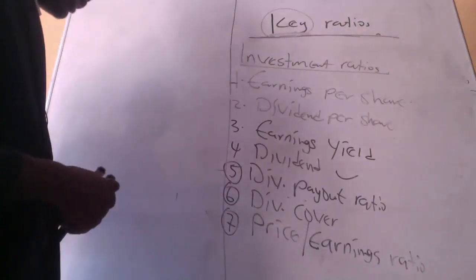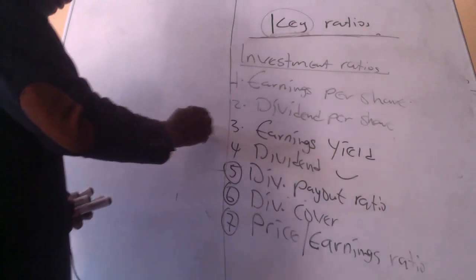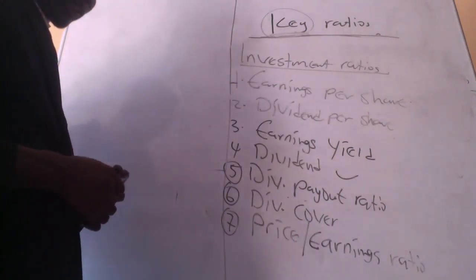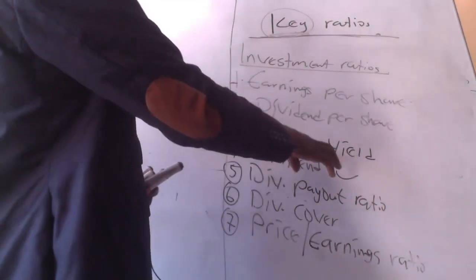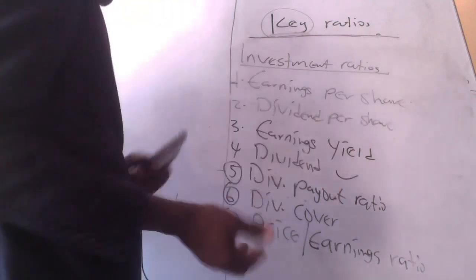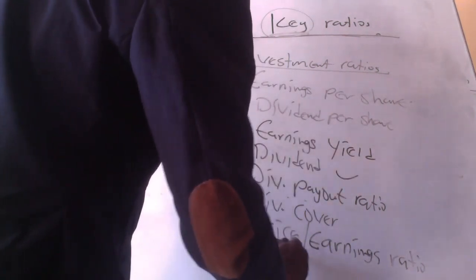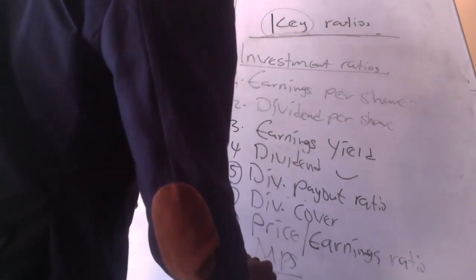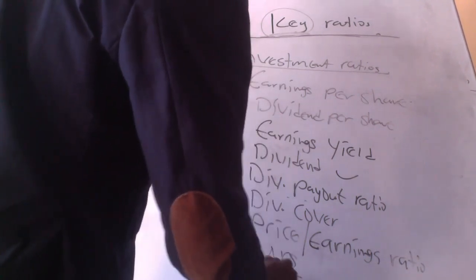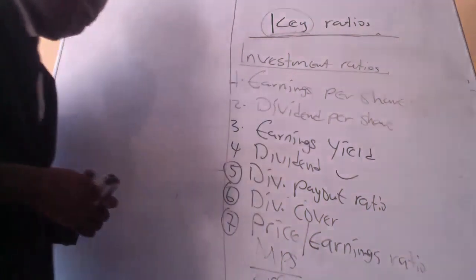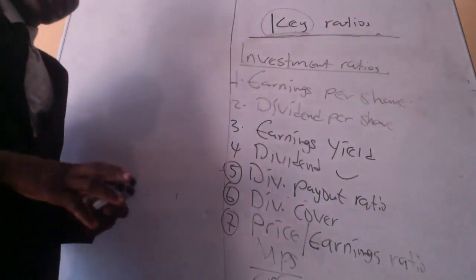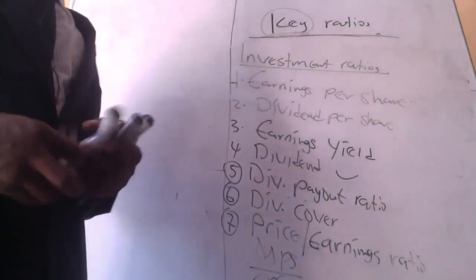Now with this, it's just the inverse of the earnings yield. When you turn the formula for earnings yield upside down, you get the PE ratio. So that becomes market price per share, all divided by the earnings per share. Usually you can multiply by 100 if you want to express it in percentage. Good.